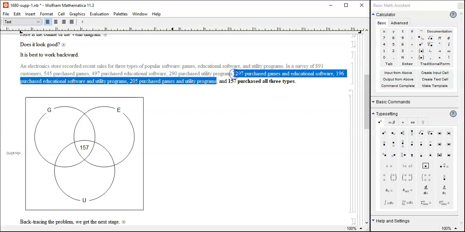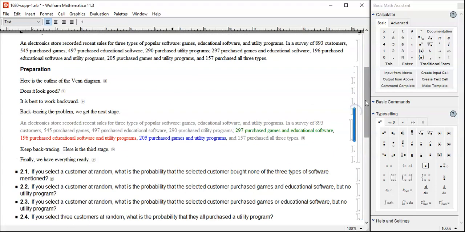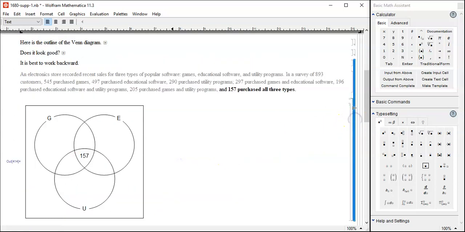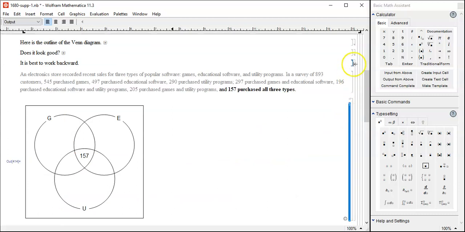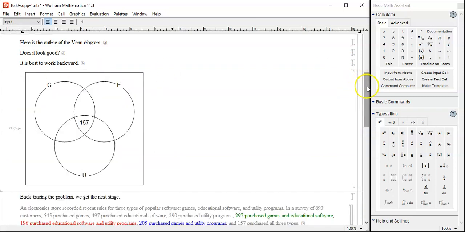Let's take care of these people one at a time. That's the next step. Let's get this Venn diagram. This is the intermediate stage. Okay, this is what we have so far.